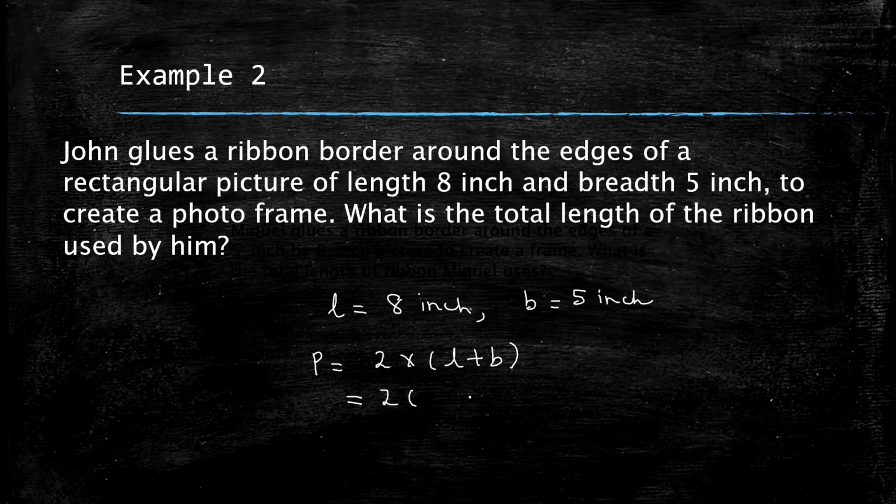So 2 into 8 plus 5, which is 2 into 13, which is nothing but 26, and the same unit, inch. So the total length of the ribbon used by him would be 26 inch. He needs 26 inches of the ribbon to make a border around the rectangular photo.